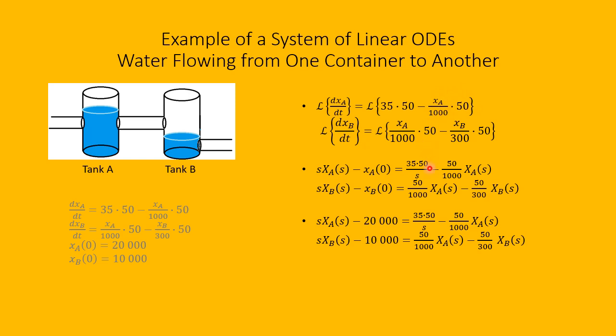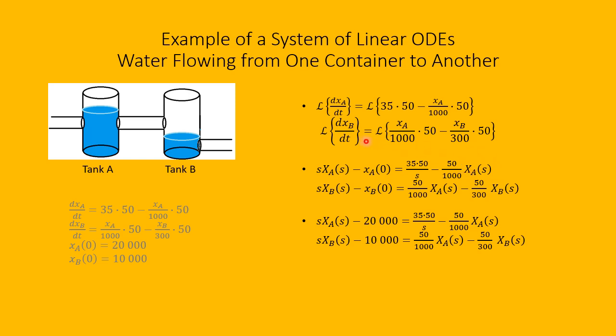And so we get 35 times 50 over s, minus, and then the Laplace transform of this stuff is just 50 over 1,000, which we see right here, times the Laplace transform of x sub a, which is right here, x sub a of s.